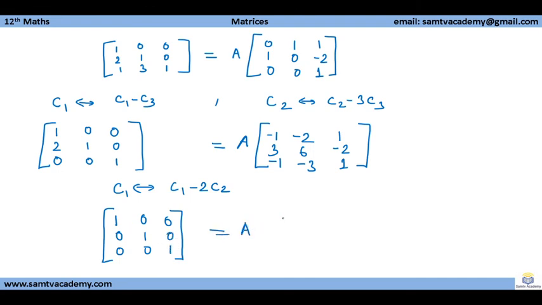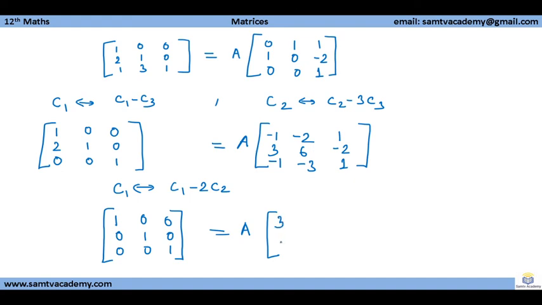Similar operation we will perform this side. What we did? C1 minus 2C2. So minus 1 minus of minus 4, means C1 is replaced with minus 1 plus 4 is 3.